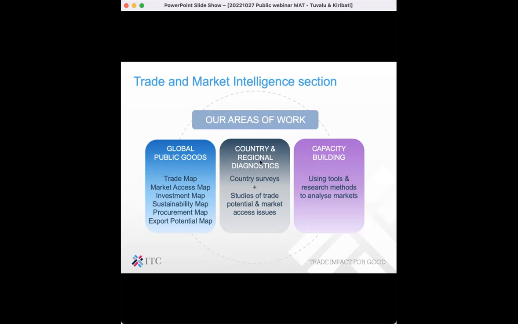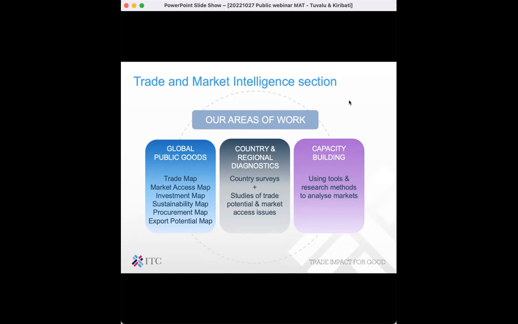But next to that, we also go beyond the data, go beyond those portals, and we do some country surveys, we do some studies on trade potential, market access issues, and much more. And then we have a pillar on capacity building, where we train people in the field, trade communities, on how to benefit from all this information that we offer. So this is a part of that.